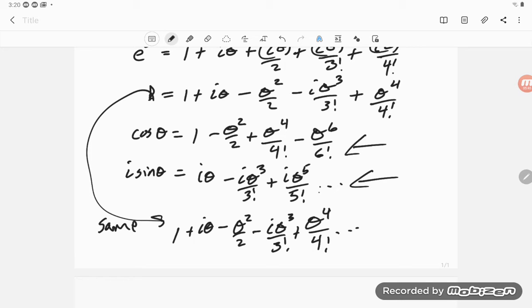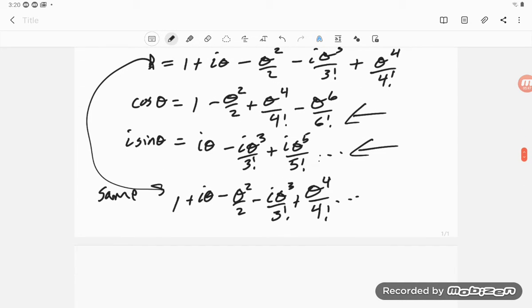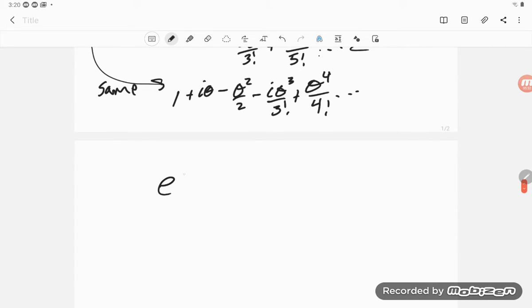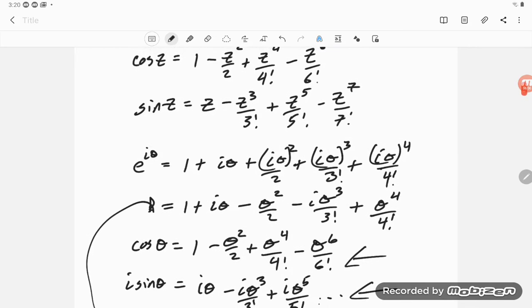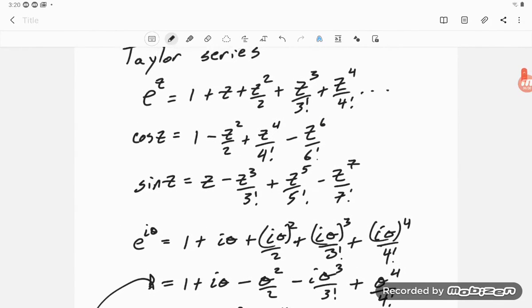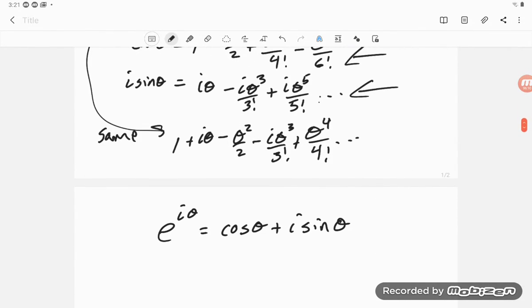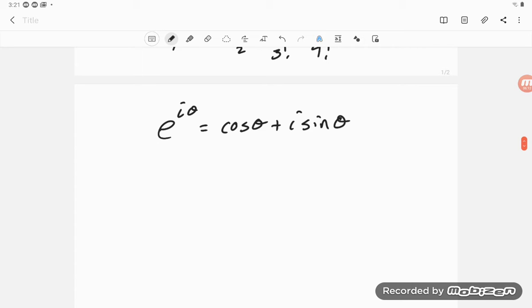So we see that e to the i theta is cosine theta plus i sine theta. So you can define it that way, but using Taylor series we could also say that it's a theorem. That works out that way when we just place these into Taylor series and go from there.